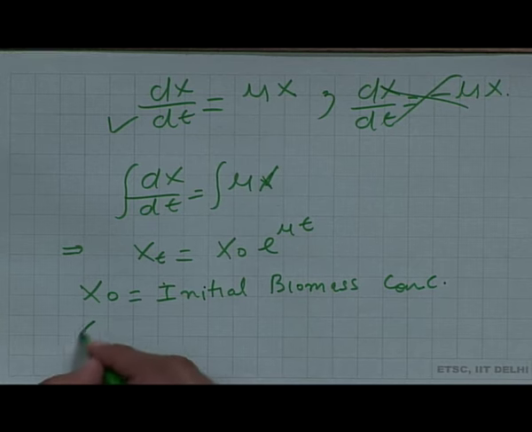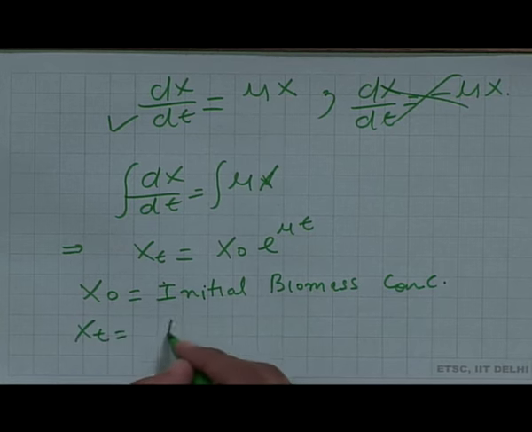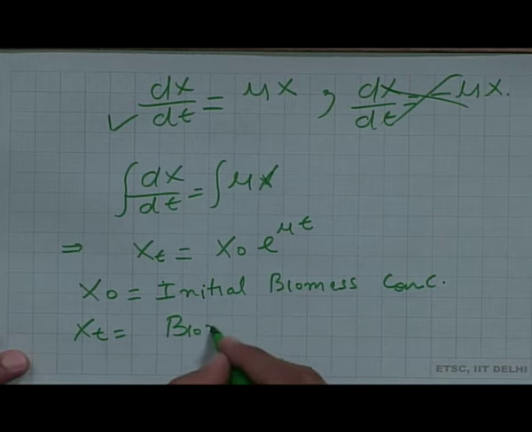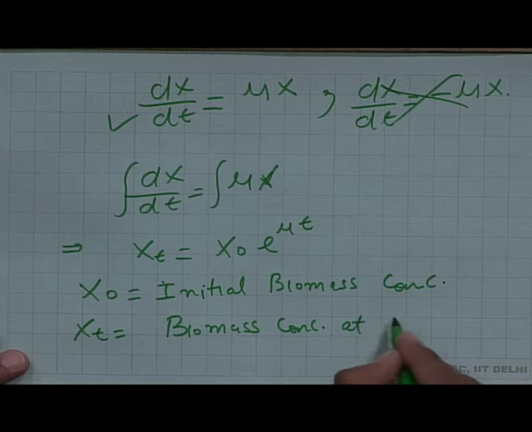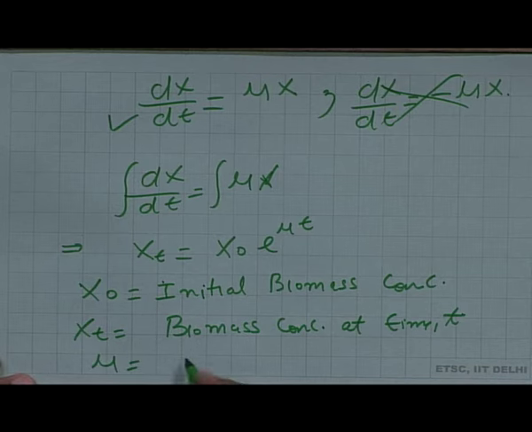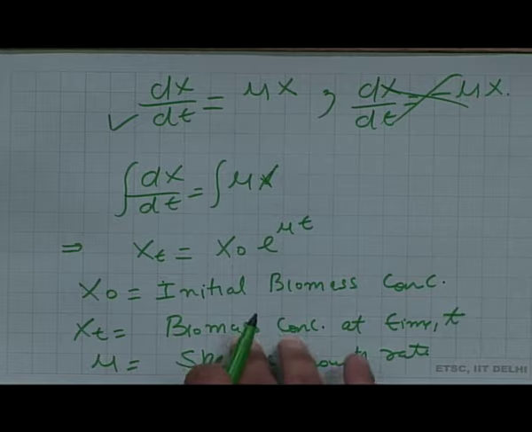Okay. What is x t? X t is biomass concentration at time t. Okay. And what is mu? Well, mu is specific growth rate.